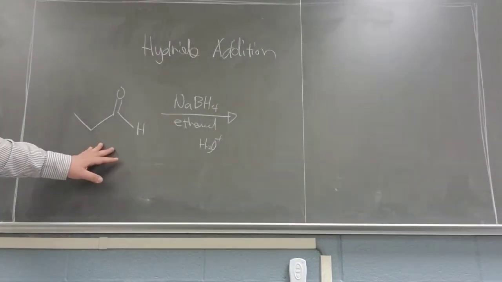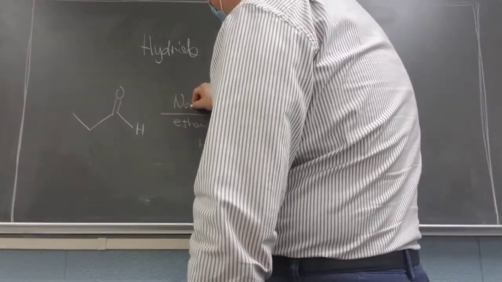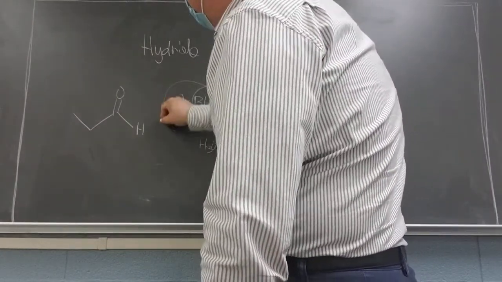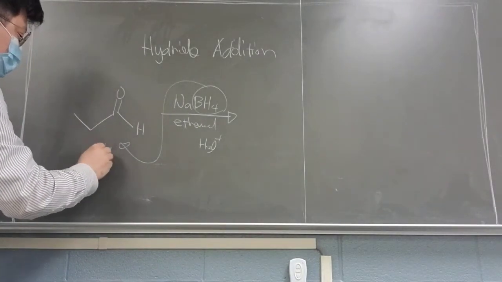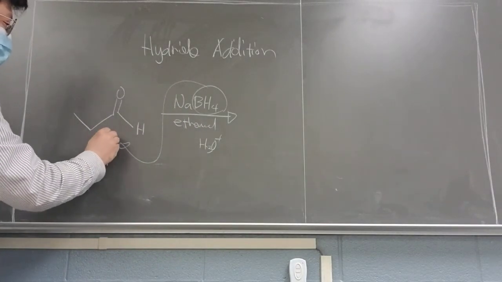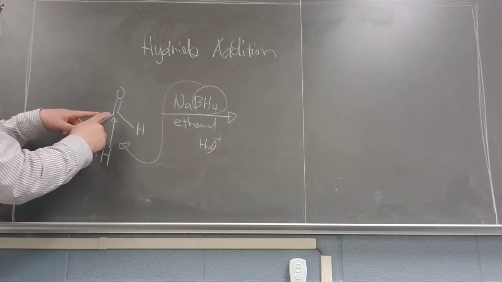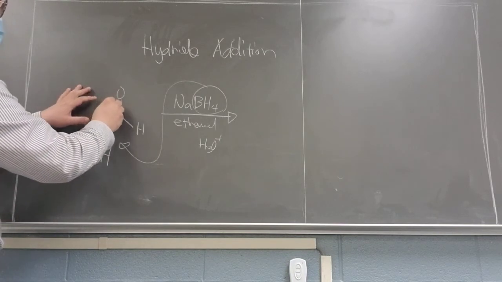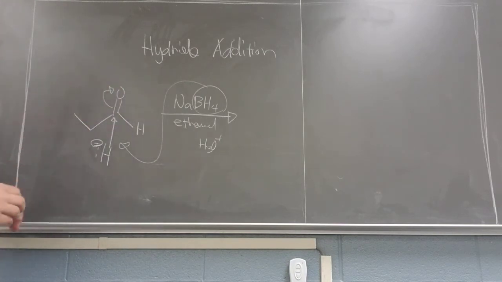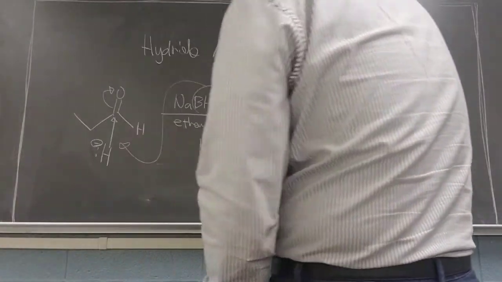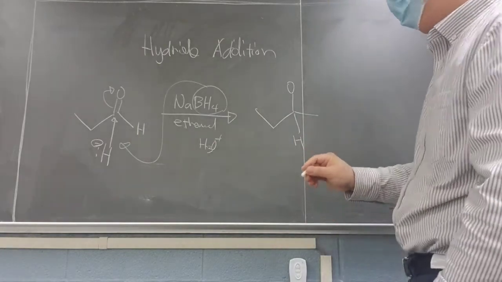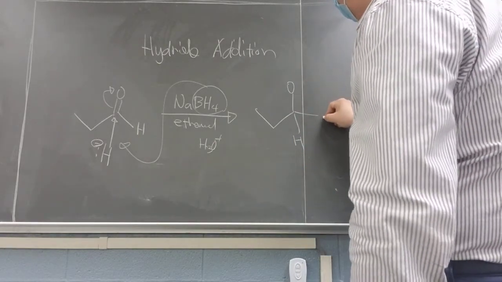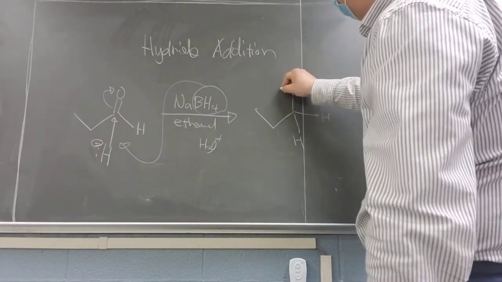So if you have this one over here, what happens is it will make the hydride addition. One pair of electrons goes to the carbon. After that, we have this, and this oxygen is negatively charged.